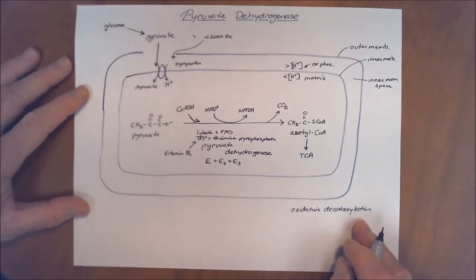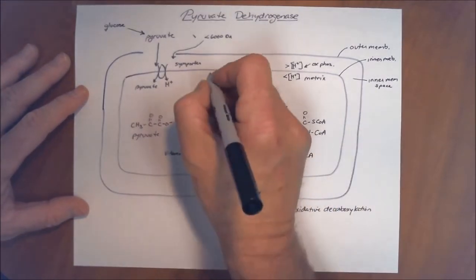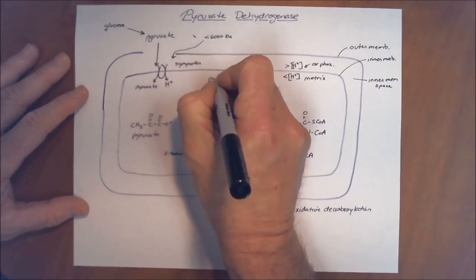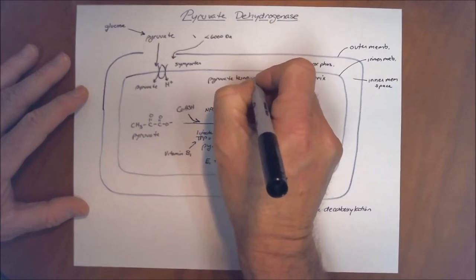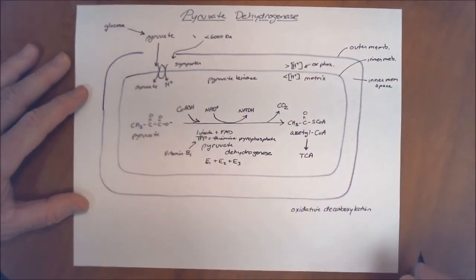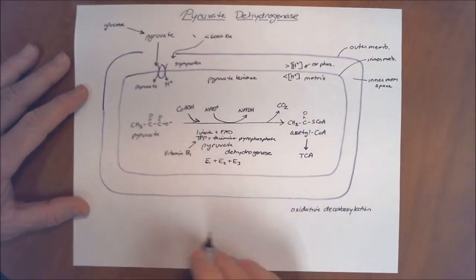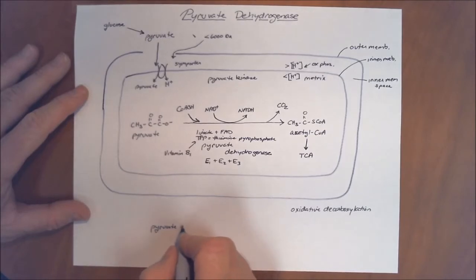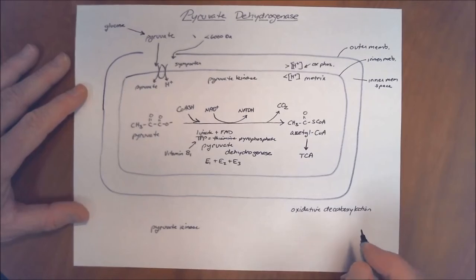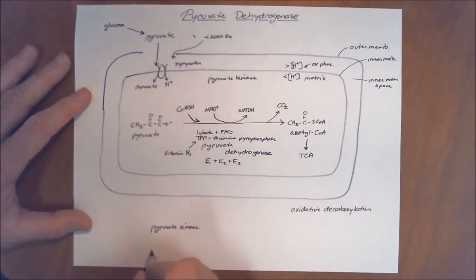Now this enzyme is regulated by pyruvate kinase. The pyruvate kinase is controlled largely by product formation. So let's put the pyruvate kinase here.